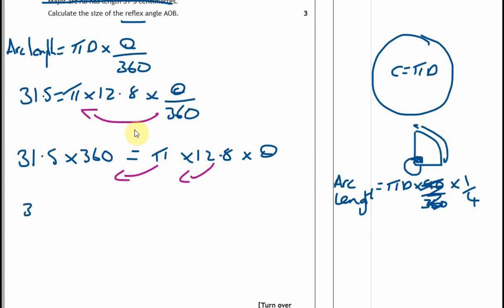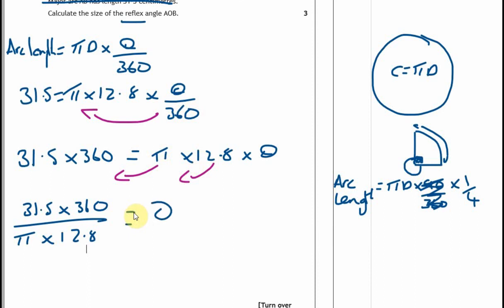So 31.5 times 360 divided by pi times 12.8. I always think, when I've got a divide here, I can move it upstairs on the left, so it's downstairs on the right, upstairs on the left, and vice versa. That's how I think about multiplying, dividing and rearranging equations, but maybe I'm the only one.